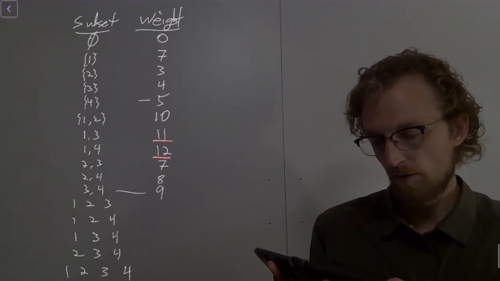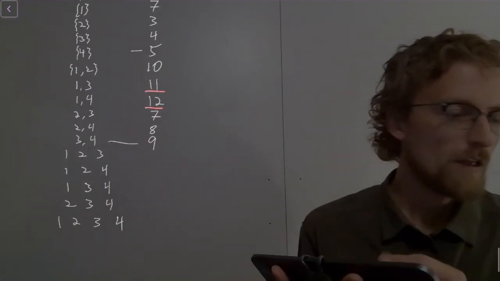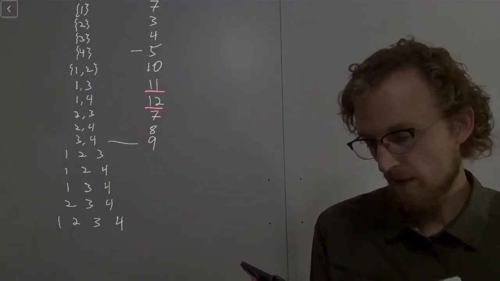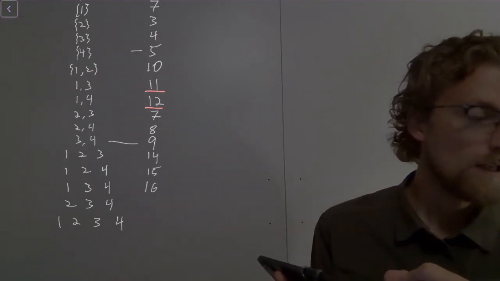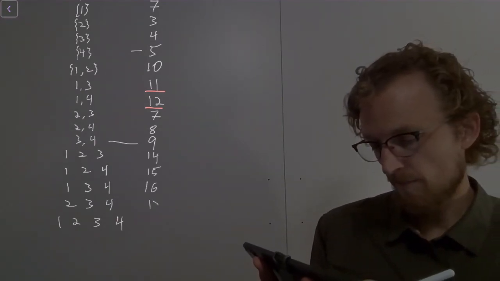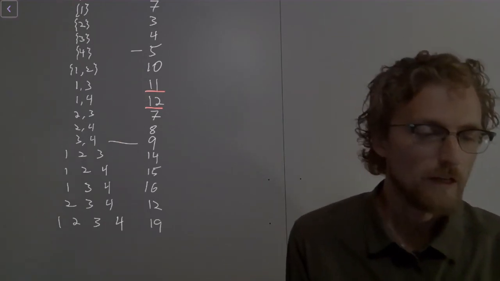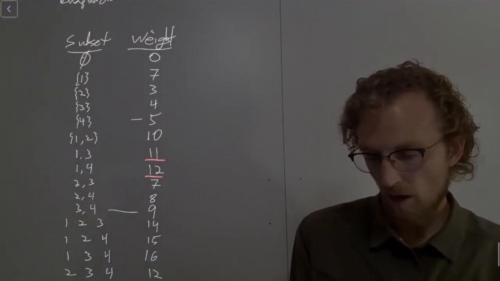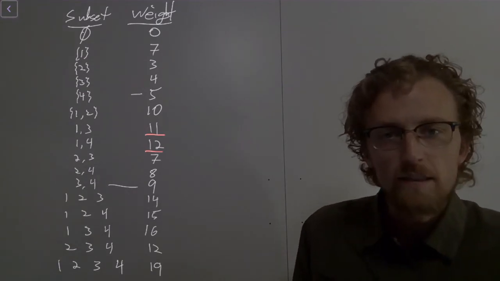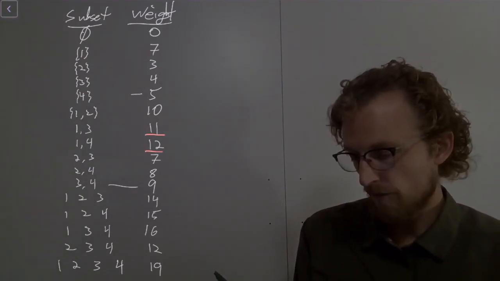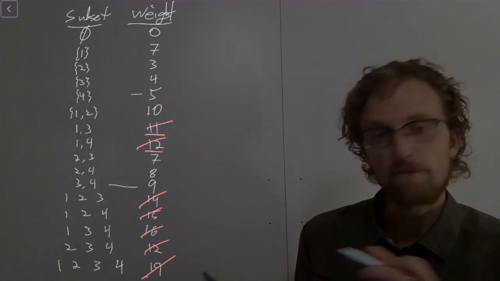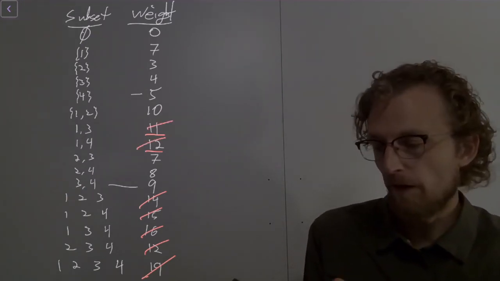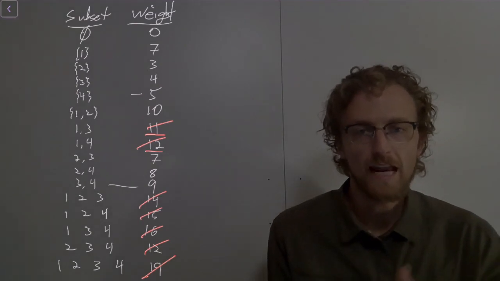And then the next ones are 14, 15, 16, 12, and 19. All right. So these are all the weights. Some aren't feasible. So not feasible, not feasible, not feasible, not feasible, not feasible, not feasible, and not feasible. So I won't even compute their values, but those are the subsets that I can't take.